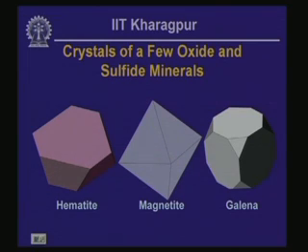Magnetite is again an oxide mineral composed of bivalent and trivalent iron, and the crystal is shown in the middle here, and a sulfide mineral galena is shown on the right. And we looked at this particular mineral in detail when we were considering the geometric characteristics of minerals in the last lesson.